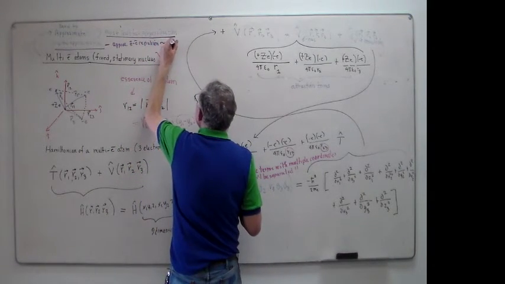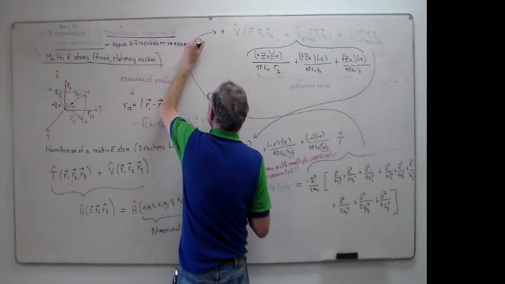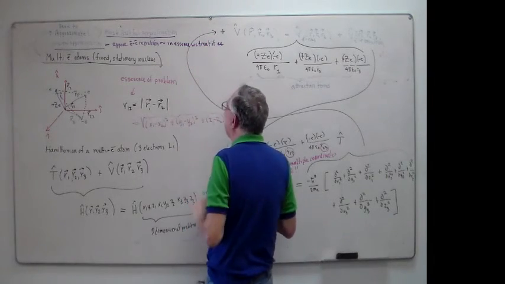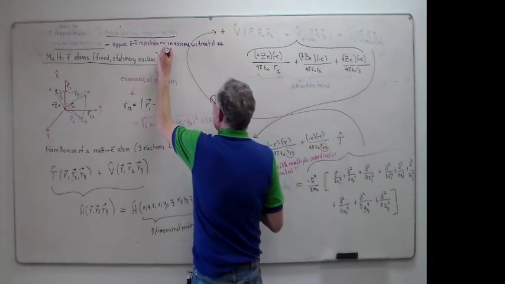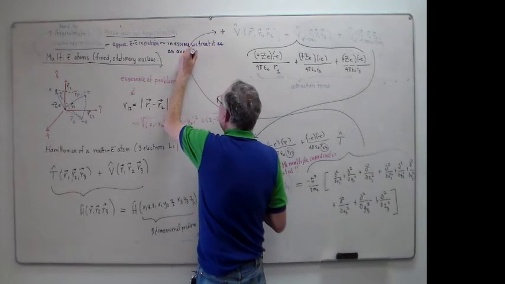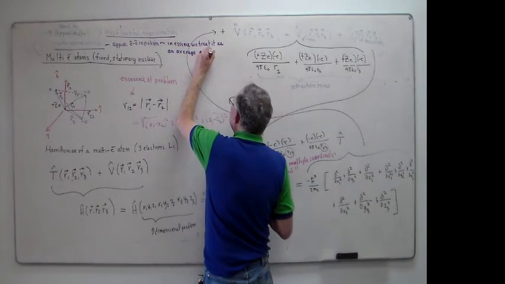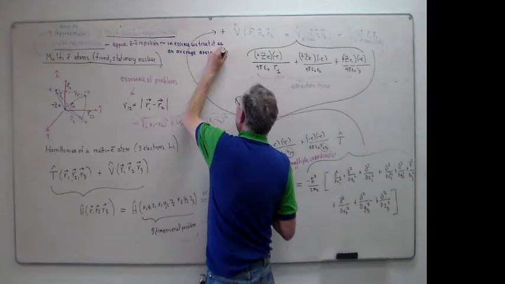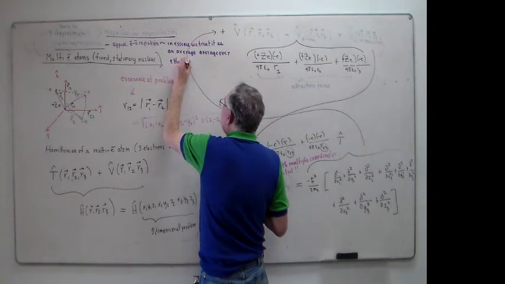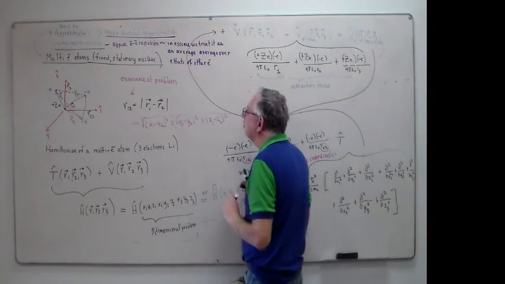In essence, we treat it as an average. So we average over the effects of the other electrons.